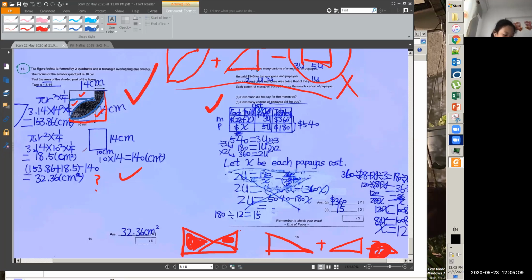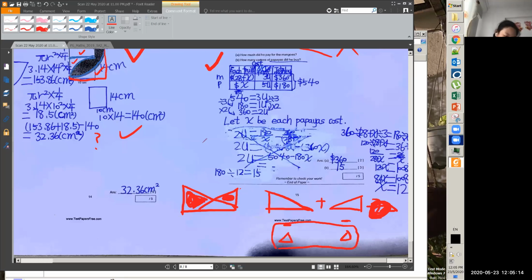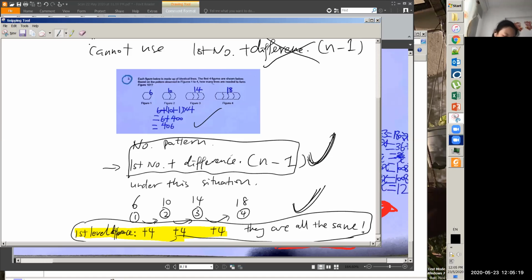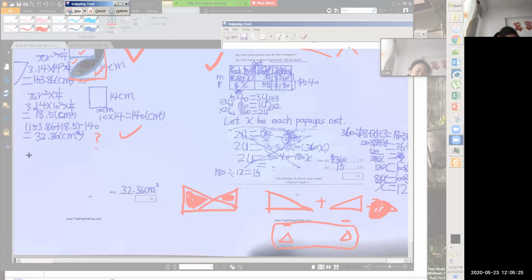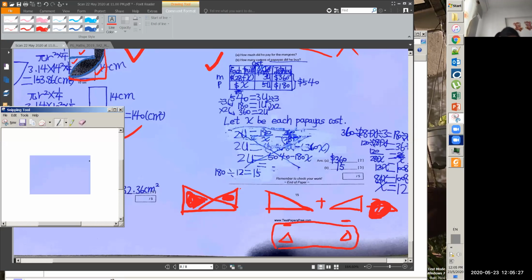So once again next time, right? What we always talk about is the concept. Let me get a blank page first. If you are given a quadrant, so let's say this is a quadrant, what I want you to know is, you need to think of it as a square minus the quadrant.